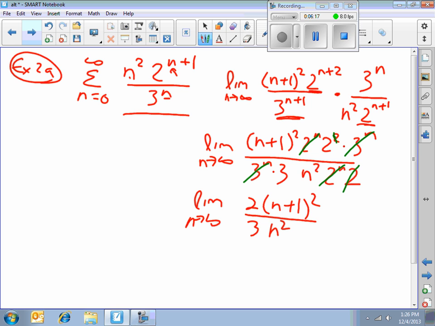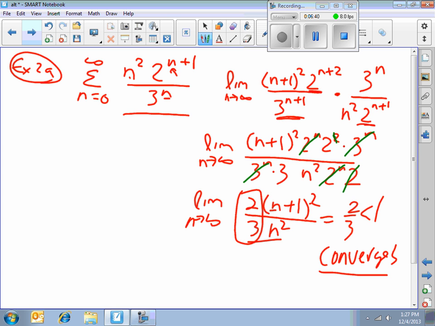Now remember, for the purposes of limits as n approaches infinity, I'm only looking at the leading term. Leading term here would be n squared times 2, which is 2n squared. Leading term on the bottom is 3n squared. The exponents are the same top and bottom, so I just divide the coefficients. So this thing is heading to 2/3, which is a number less than 1. So based on my ratio test, I can conclude that the original series must have converged as well.